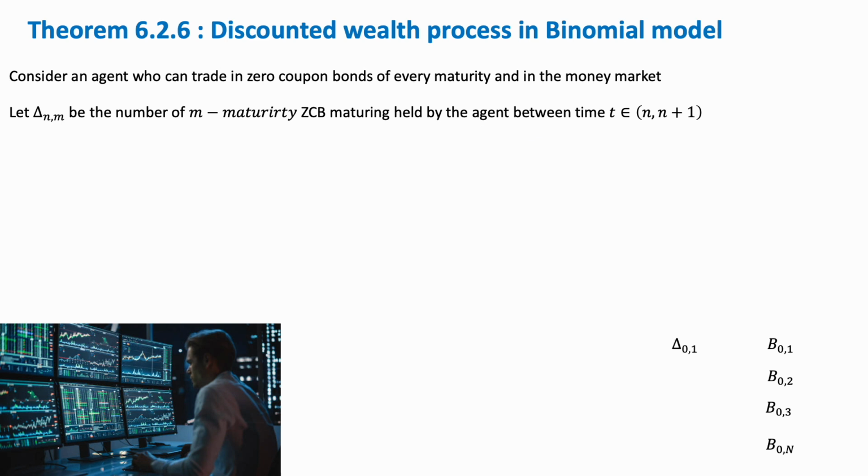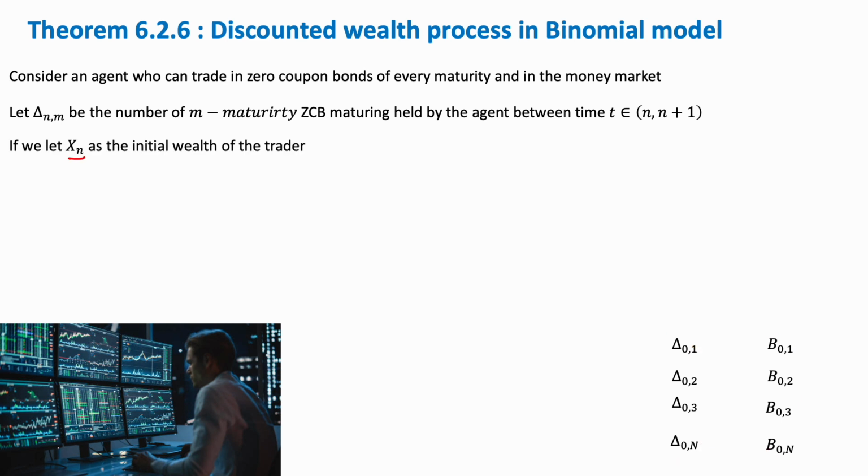So maybe at time 0, he can decide that he will hold Delta 01 units of this zero coupon bond that pays $1 at time 1. He can also decide to hold Delta 02 number of bonds, and which bonds, the bond that's going to be maturing at time 2, etc. So we can think about this as the number of units that he's holding for each of these bonds.